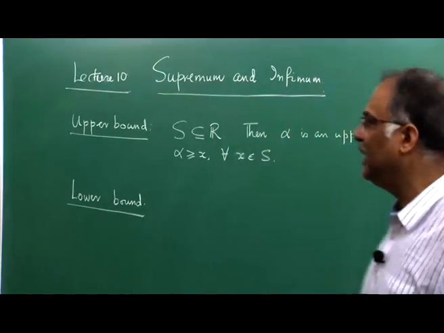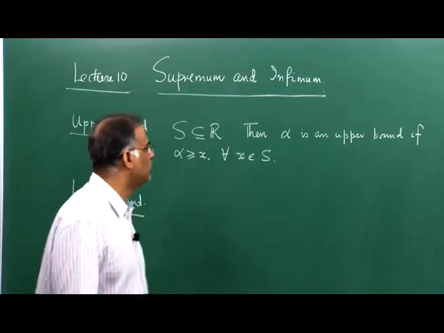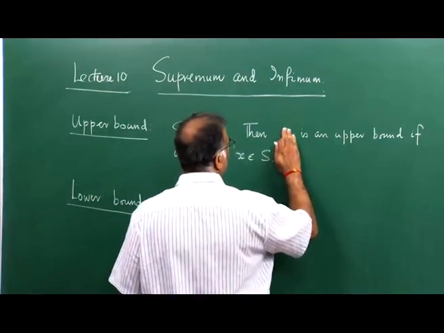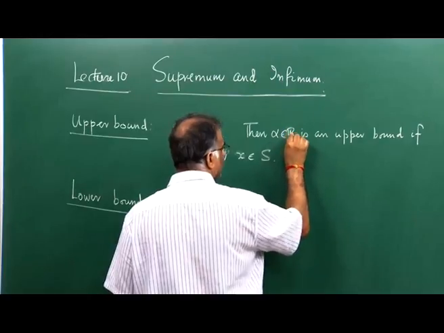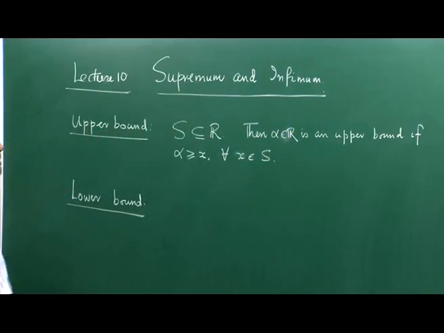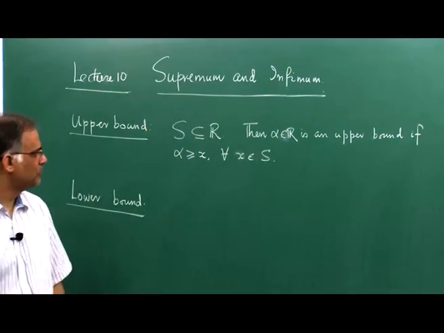So, there could be infinitely many such upper bounds, as you know that the real number line is uncountable. Of course, if you want to be more precise, then you should write alpha element of the real line. So, a real number is an upper bound to S if this holds.